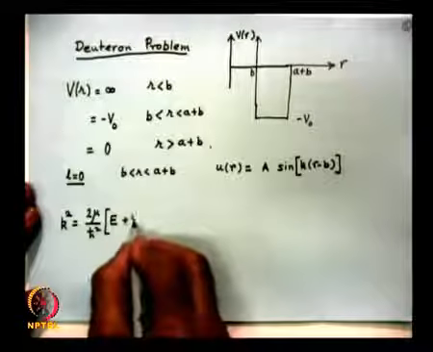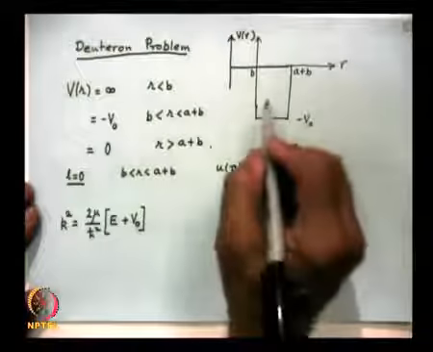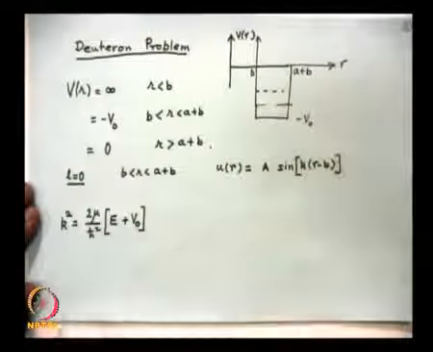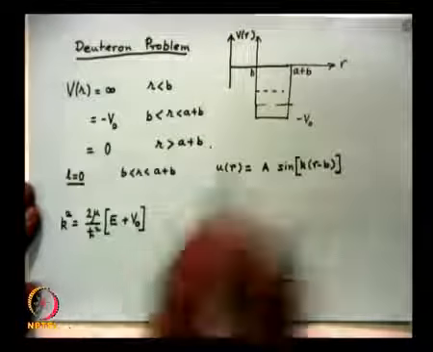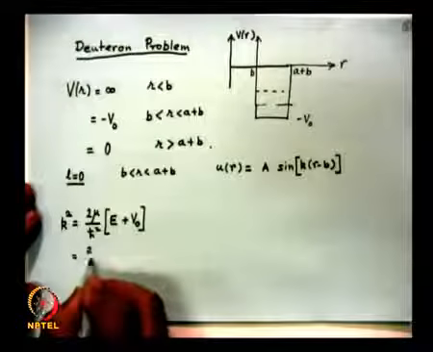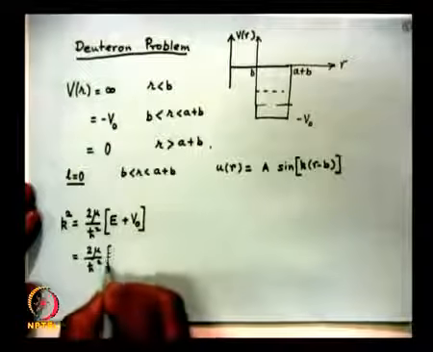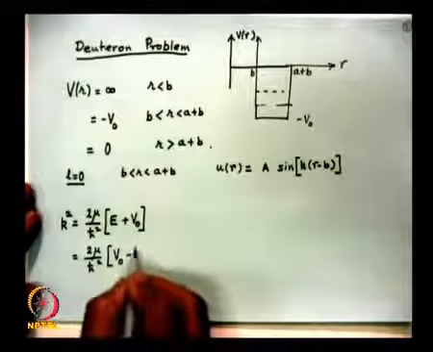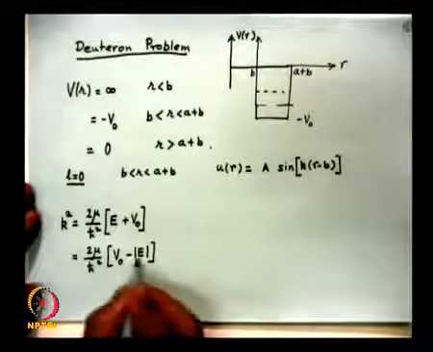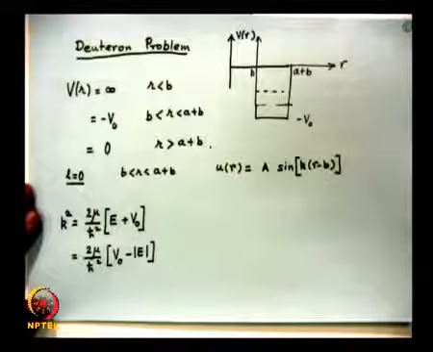So, it is V0 plus E, but we are considering the bound state problems. So, the discrete energy will lie somewhere here, so the energy itself will be negative. Therefore, we write this as 2 mu by h cross square times V0 minus modulus of E. And when we find modulus of E, we will remember that E itself is a negative quantity.